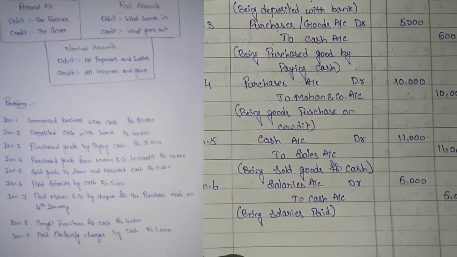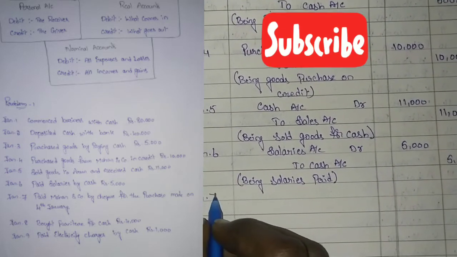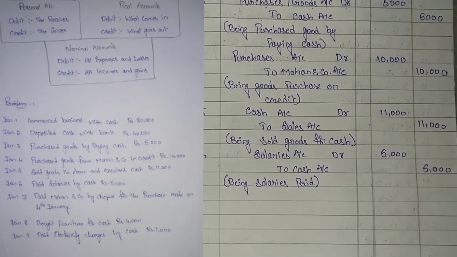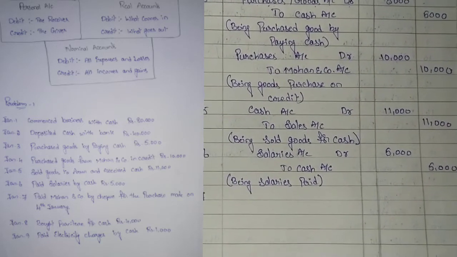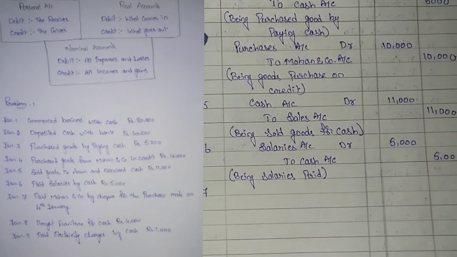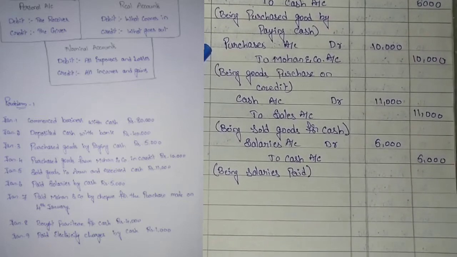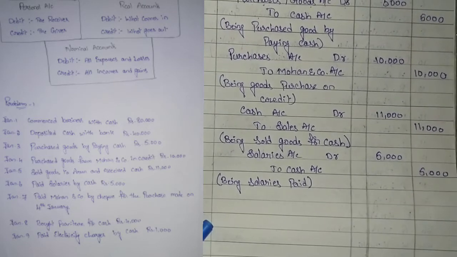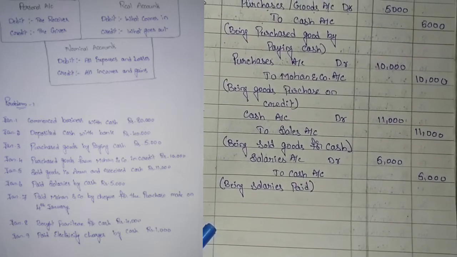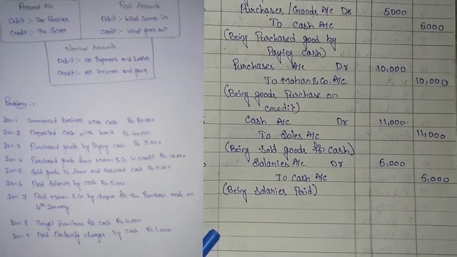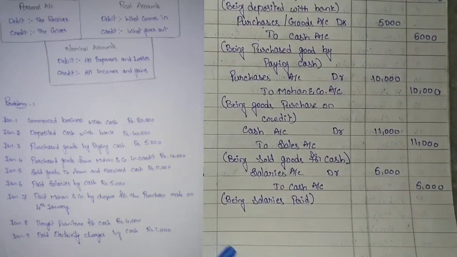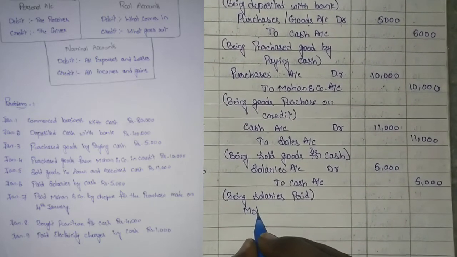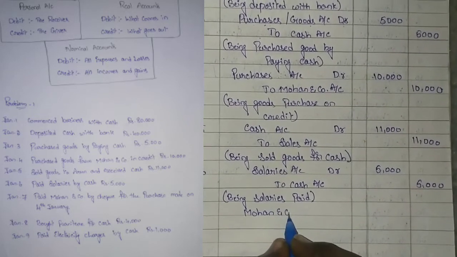And the next transaction is on January 7th, and the transaction is paid Mohan and company by check for the purchase made on 4th January. On 4th January we purchased goods from Mohan and company on credit basis. Whatever credit purchases we have made, for that we are paying the amount here. Mohan and company is a business organization, so it will come under the personal account. Personal account rule is debit the receiver. So Mohan and company will become the receiver.